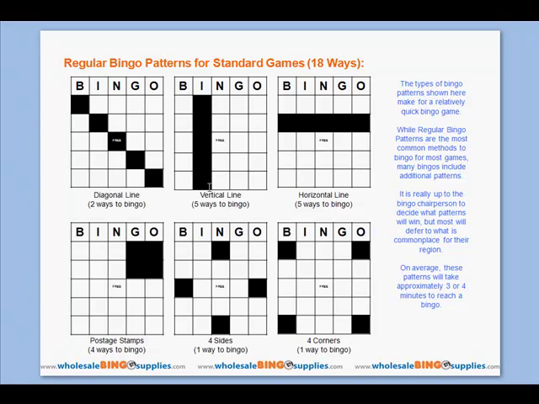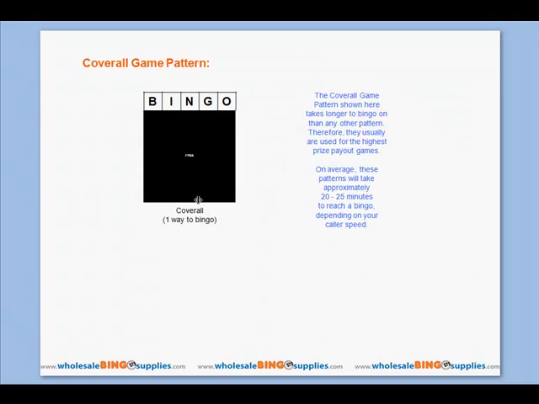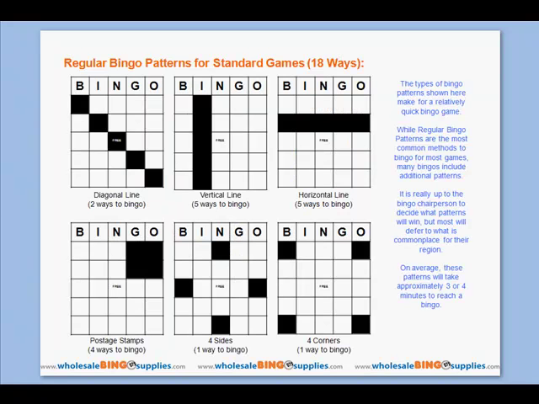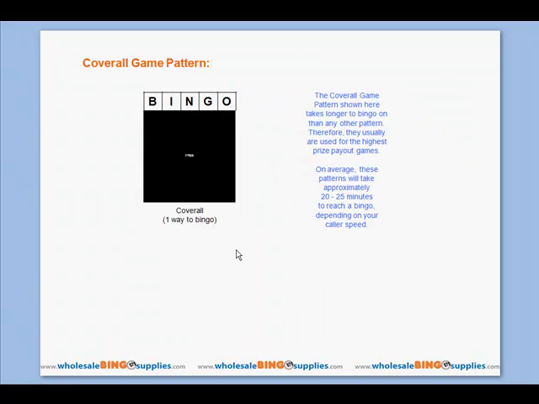It's going to have a regular game winner for say $25, then a letter X winner for $100, finally a coverall winner for $500, and typically these will take 20 to 25 minutes to play. And again, that's total. So with your regular game patterns, 3 to 4 minutes, another 5 to 6 minutes here for say 10 minutes, and then another 15 or so minutes here to finish off the coverall. And that's typically how it works.